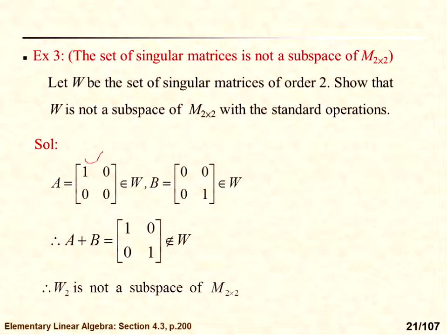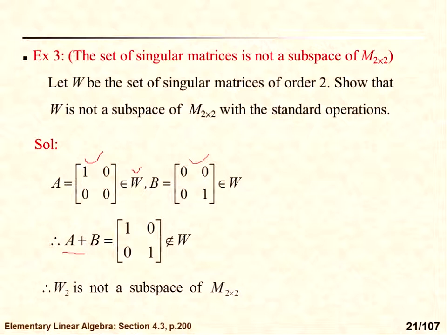So we take a matrix A equal to 1 0, and it belongs to our subspace, and we take another matrix B equal to 0 0 1, and it also belongs to the subspace.